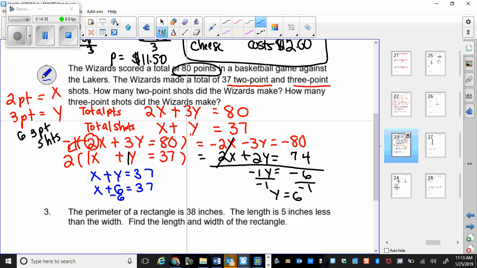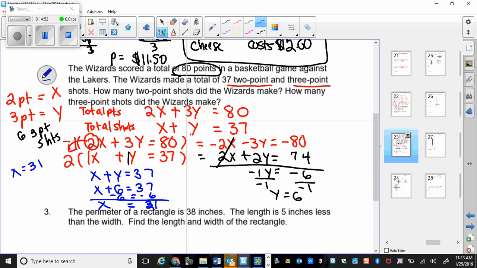Subtract 6 on both sides, and x equals 31 shots. So x equals 31 and y equals 6.